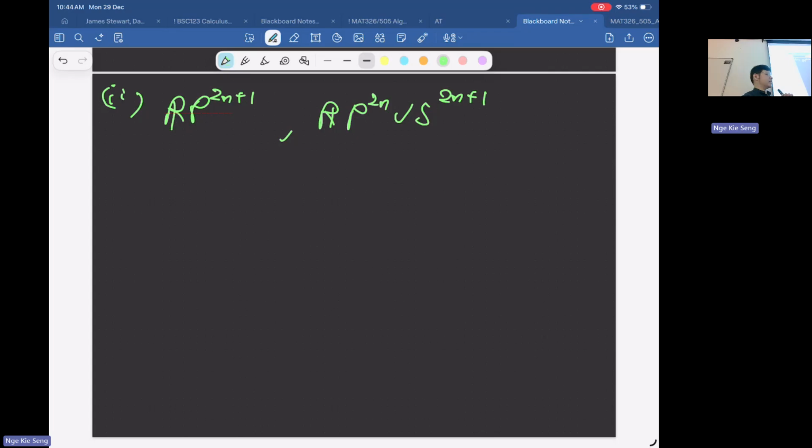It's the same cell structure as RP2n wedge S2n+1. The boundary map is different. Is it homeomorphic? It cannot be, because we're going to show that it's not homotopy equivalent, so it cannot be homeomorphic.